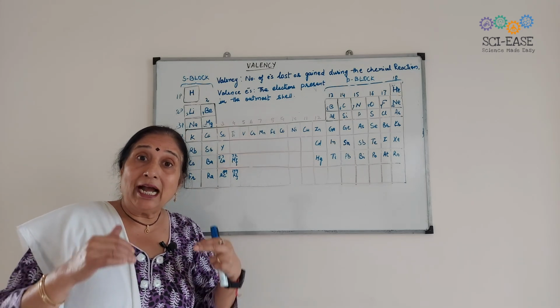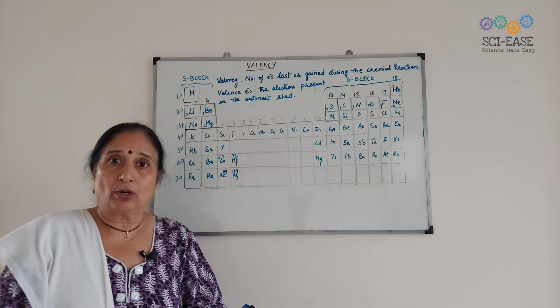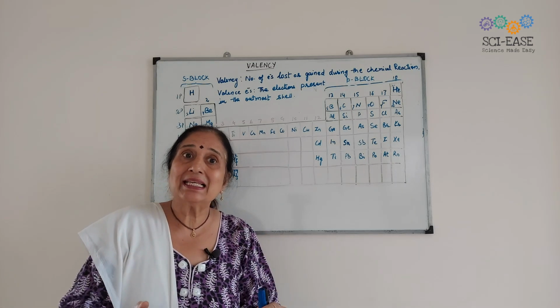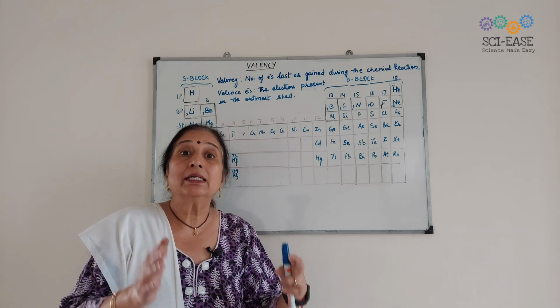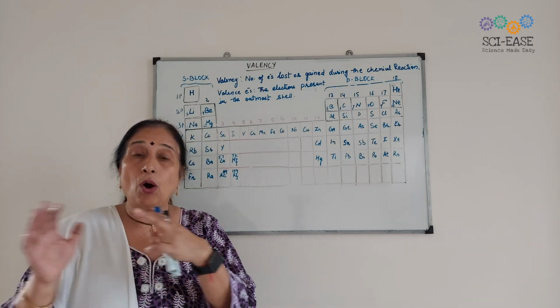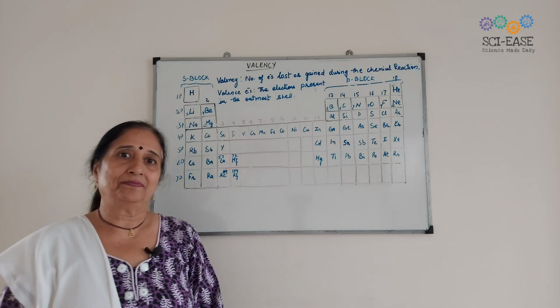Now, I will tell you about the valence electrons. What do you mean by valence electrons? Valence electrons are the electrons present in the valence shell, or the electrons present in the outermost shell.